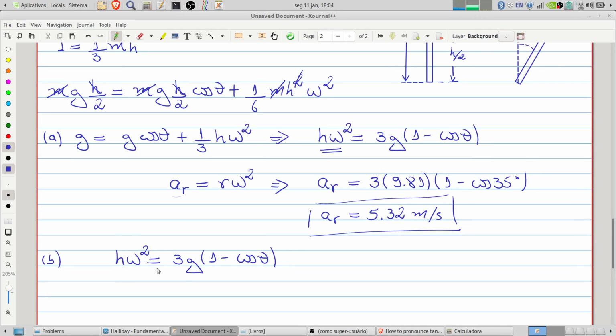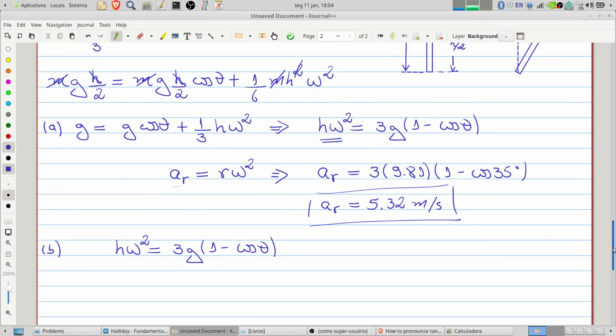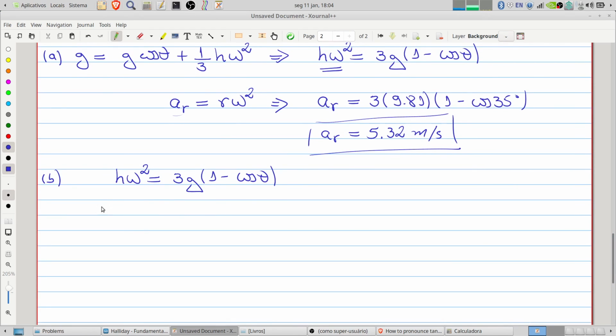If you take the derivative of both sides of this equation, we'll have on the left the derivative of the angular velocity, that is the angular acceleration. That's what we want. And it will be related with the angle theta and maybe also with the angular velocity. Let's see. Let's take the time derivative of both sides of the equation.